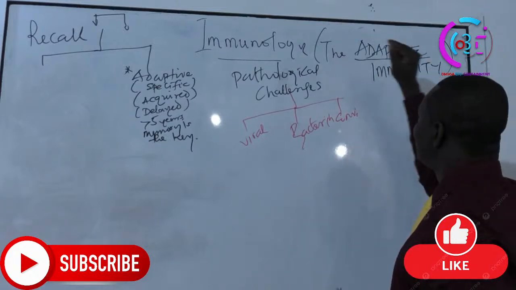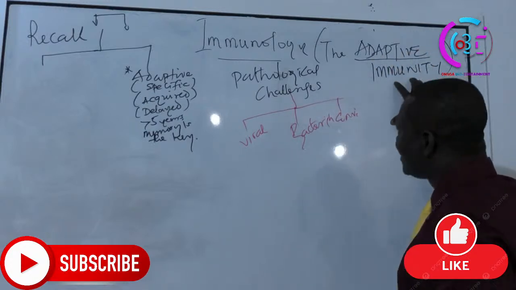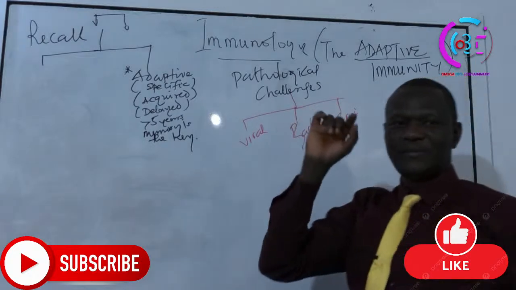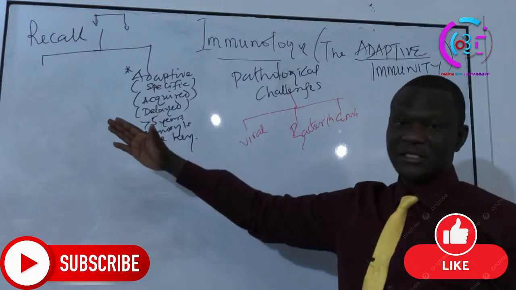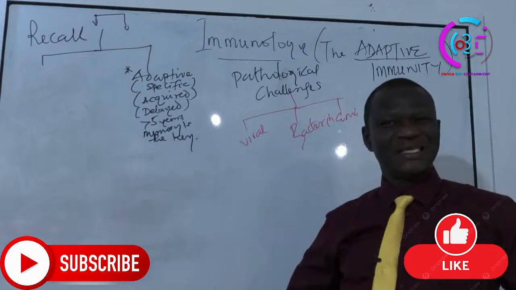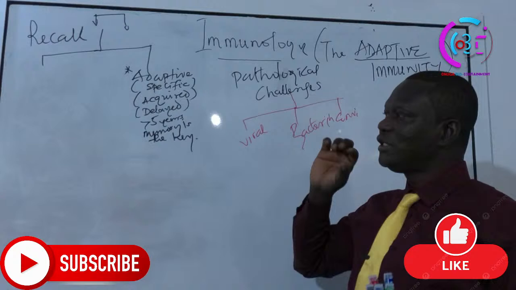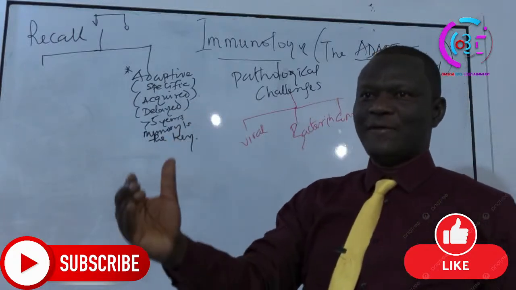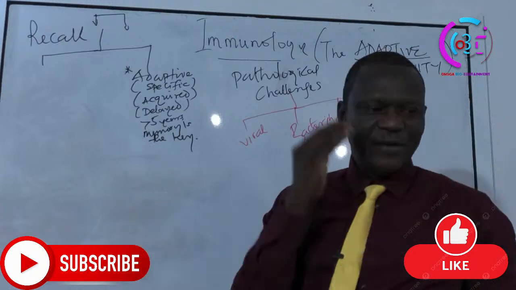But one thing that is very important about the adaptive immune system is that it is highly specific. Like I said, the innate immune system is not that specific. It is non-specific because it might not be able to recognize; it will just recognize that we have a foreign material, a foreign challenge.